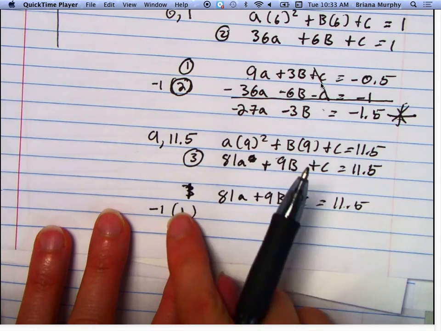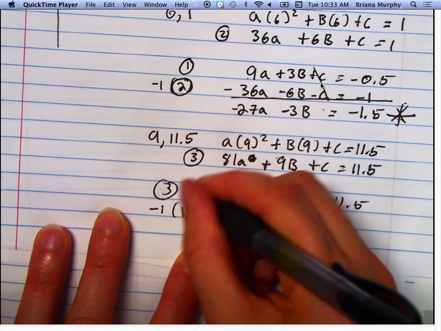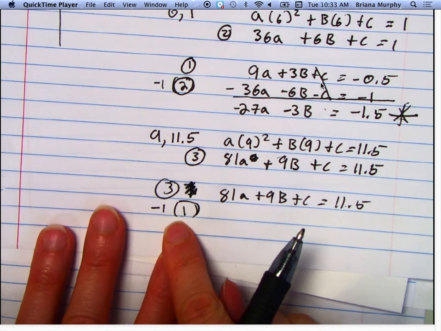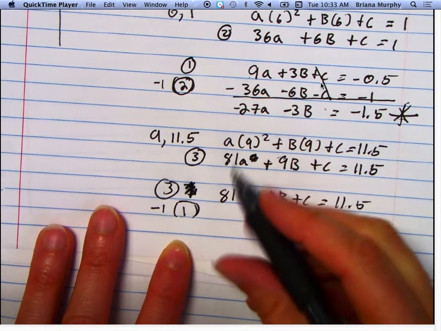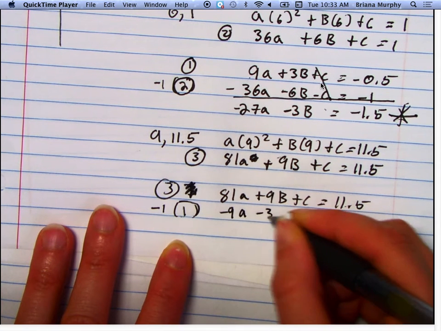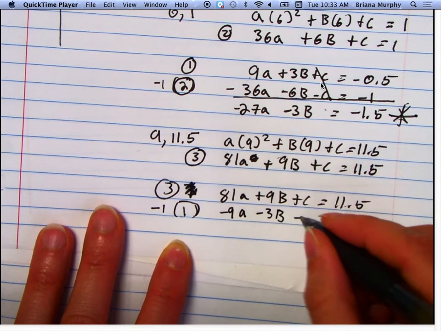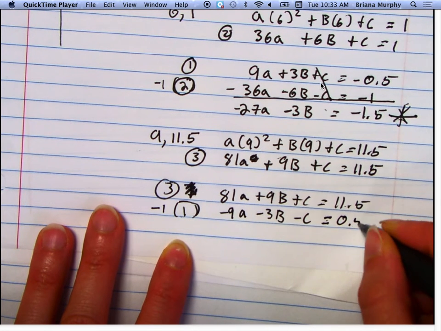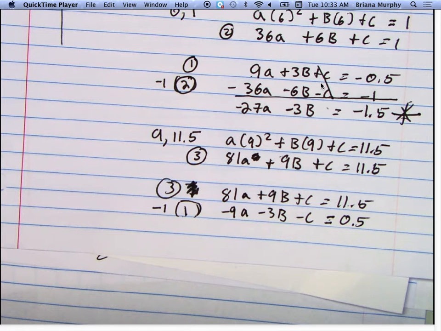I took equation 3, and I'm going to take equation 1 and times it by a negative 1. All right, so I get negative 9A minus 3B minus C equals negative 0.5. And I'm going to add them together.